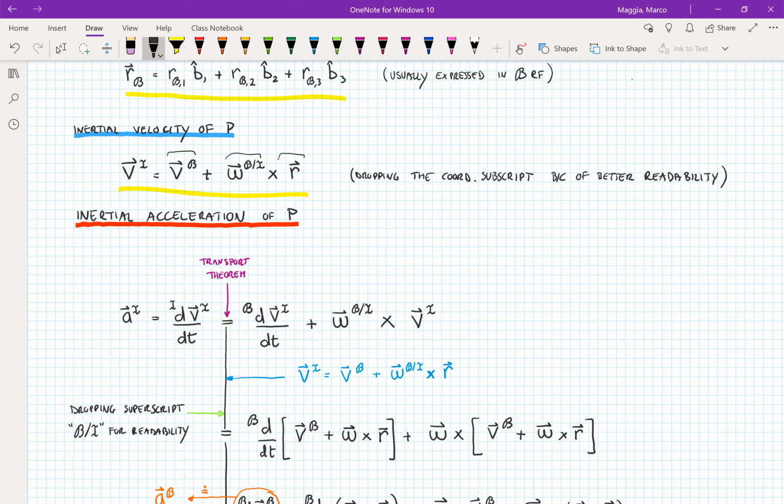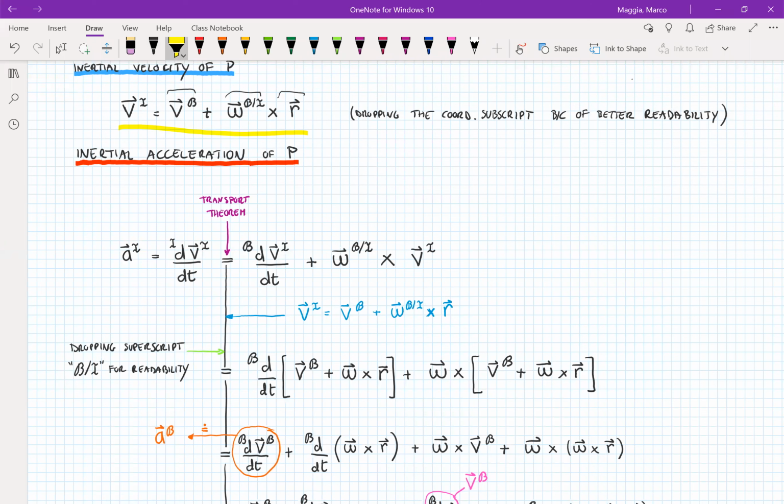Anyway, now we have that the inertial acceleration is the time derivative of the inertial velocity with respect to the inertial frame of reference. So now let's apply right away the transport theorem.